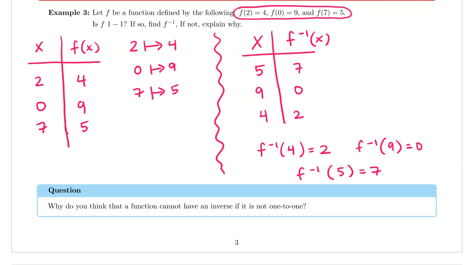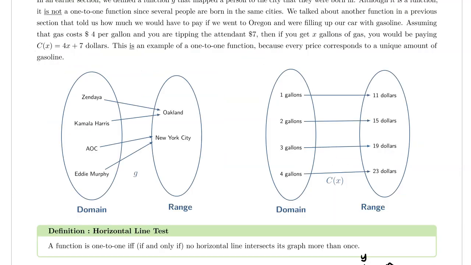A question down below says, why do you think that a function cannot have an inverse if it is not a one-to-one function? Well, let's go back to an image that we saw before. Here, this function maps a person to the city that they were born in.